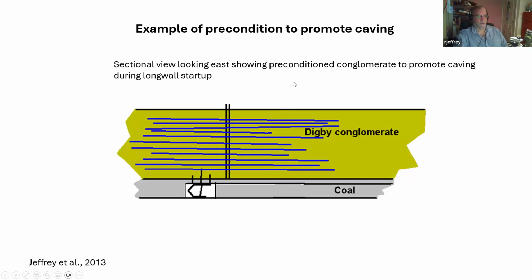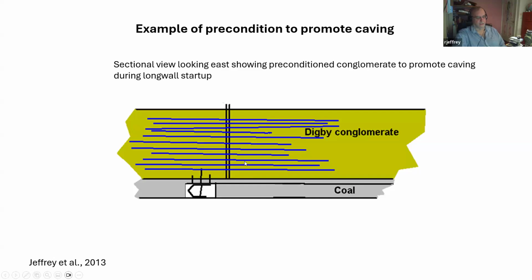A second example in coal mining is shown here, which is at Narrabri mine, also a longwall in New South Wales. And in this case, again, they had a strong conglomerate roof rock. And to start with, their primary worry was that during startup, they didn't want a large standing roof.